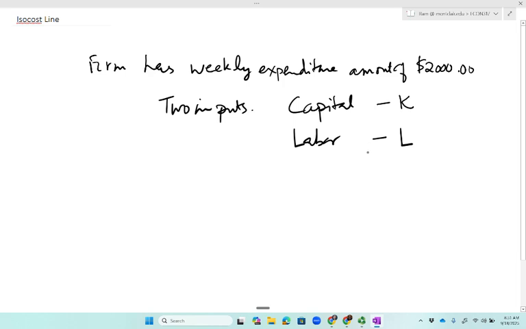So K is the amount of capital or units of capital rented, and L is the amount of labor hired. So the cost for each one of these inputs are given in the following form. First, the wage. This is the wage for labor, given as, let's say, for example, $25 per hour.